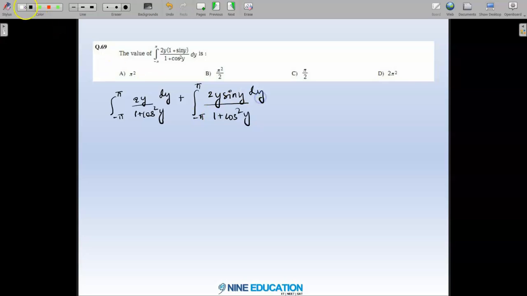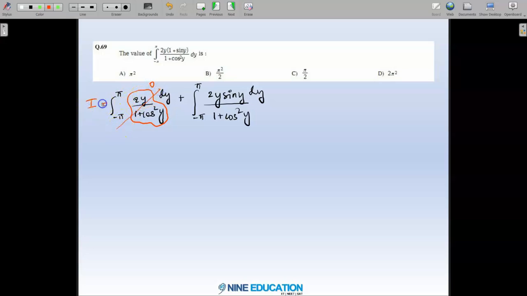Now if you observe, the first integral is basically containing an odd function, because cos is an even function, and due to presence of y in the numerator, this is an odd function, and directly by property we can say from minus pi to pi of an odd function, this will be 0.